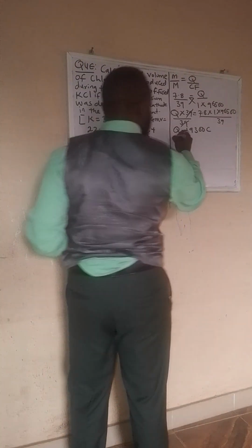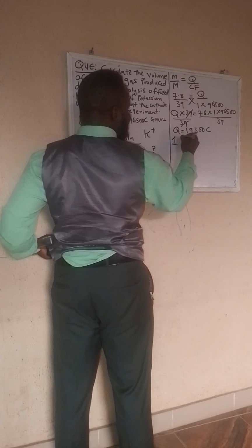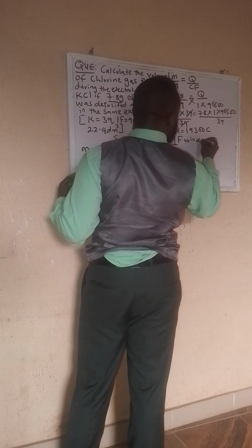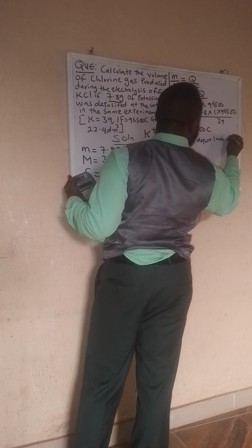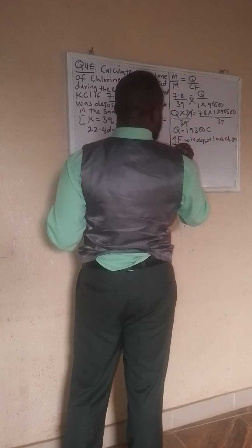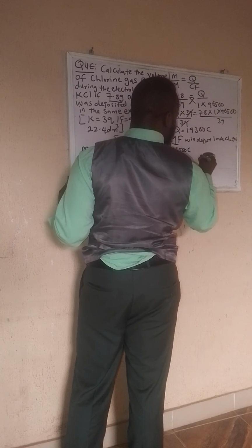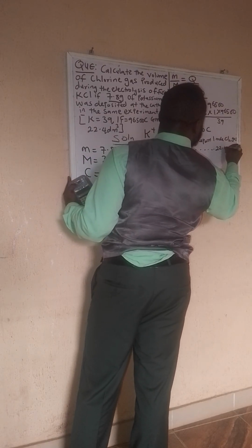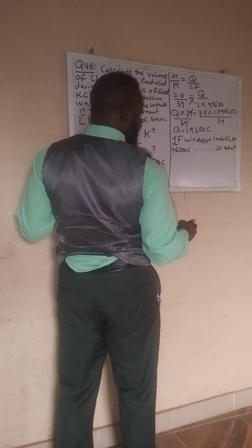Which means 1 farad, because the charge here is 1, would deposit 1 mole of chlorine gas. Right? So 1 farad, that is 96,500 coulombs of electricity, would be the one that would deposit 22.4 dm cube volume of chlorine gas.